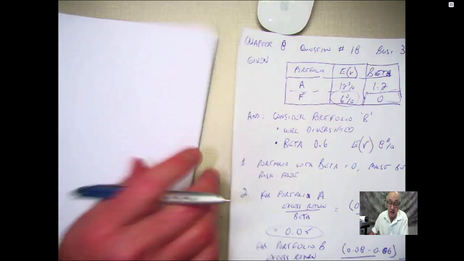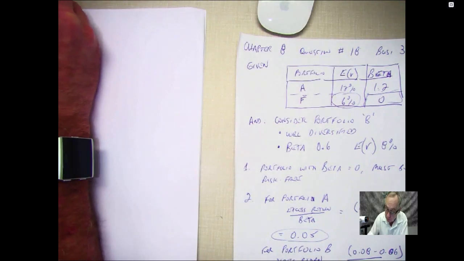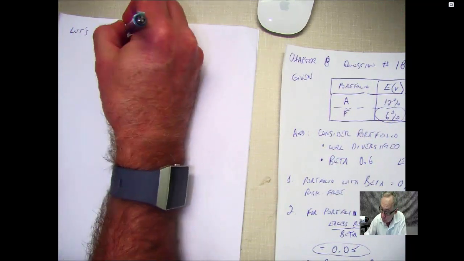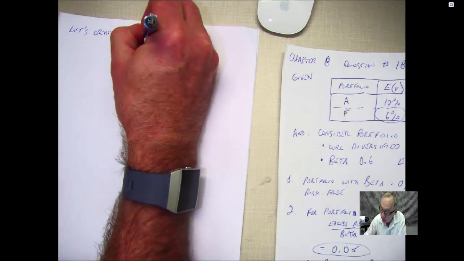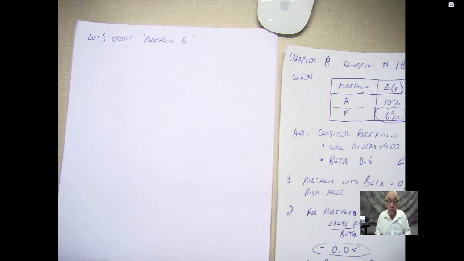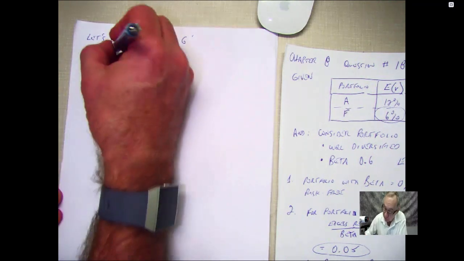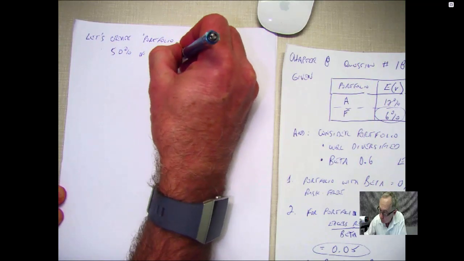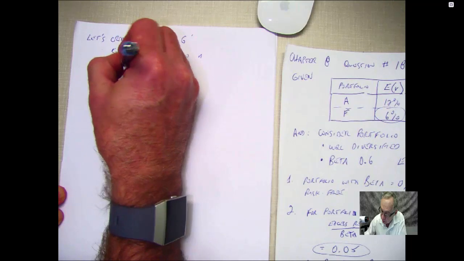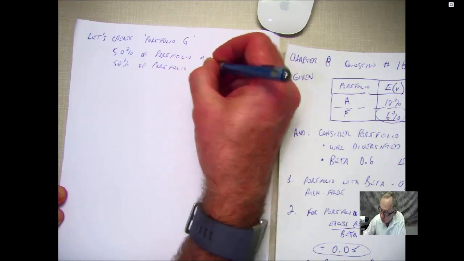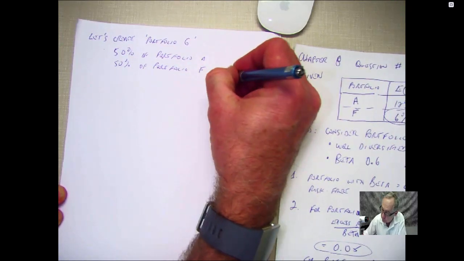So what our answer suggests is let's create portfolio G, and for portfolio G we'll use 50% of portfolio A and 50% of portfolio F, or the risk-free rate. Okay.